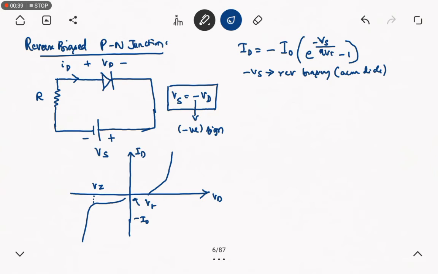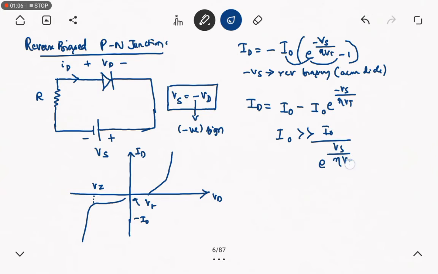And how can we write the equation? Rearranging this equation, id is equal to I naught minus I naught into e to the power of minus Vs divided by n into Vt. We can approximate this as I naught divided by e to the power of Vs divided by n Vt.